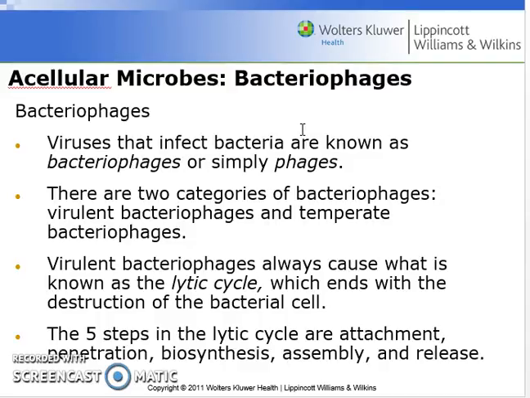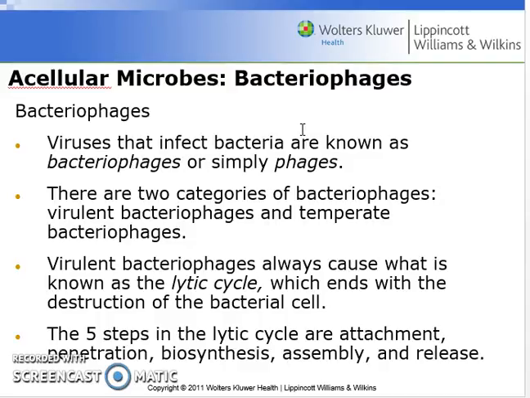With a lytic cycle, you essentially have a virus inject its DNA into a host cell, such as a bacteria, and then the bacteria will start to replicate the proteins and genetic material of the bacteriophage that has injected its genetic material into the host cell.